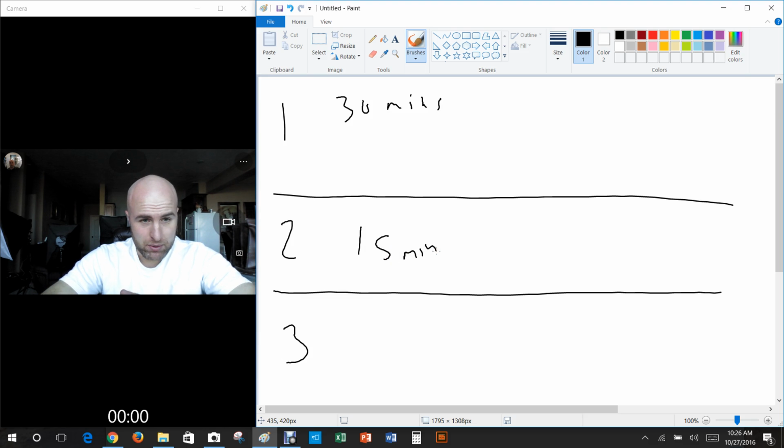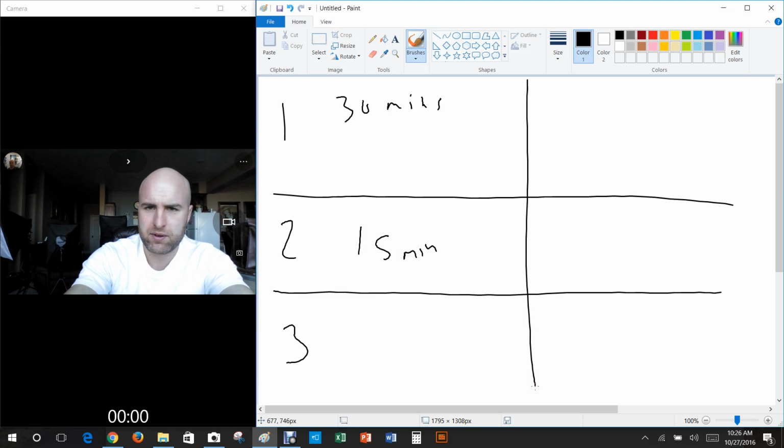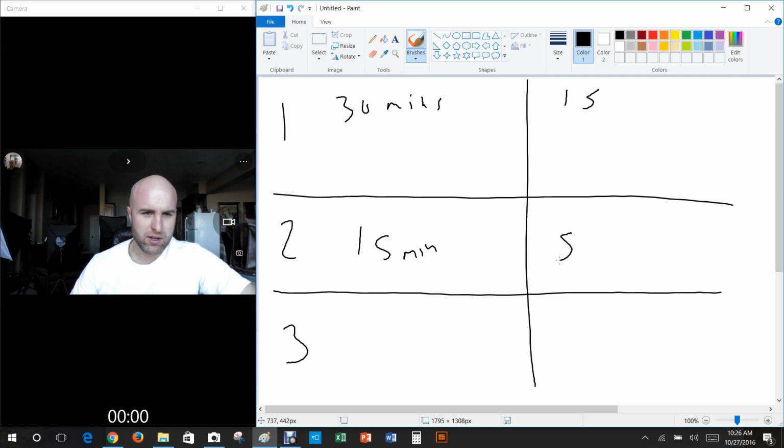Now with complications, you want to check it every 15 minutes, and then as you get closer, in the second stage you want to check it every 5 minutes. So no complications, you don't need to check it that often. 30 minutes, first stage, and then second stage, 15.